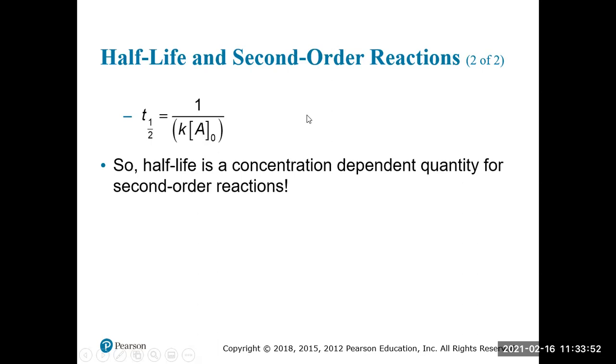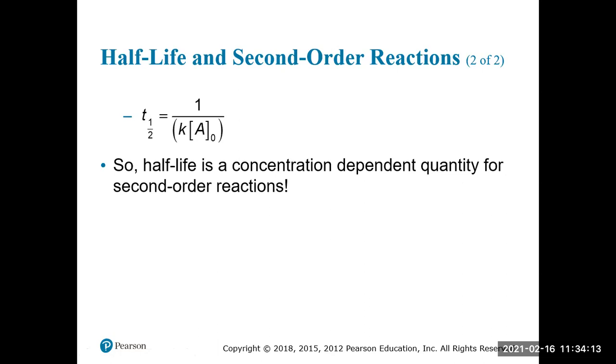The key thing here, other than the final formula, is that when we looked at the first order reaction, there was no concentration term in the formula. It was just the natural log of 2 and then the rate constant.